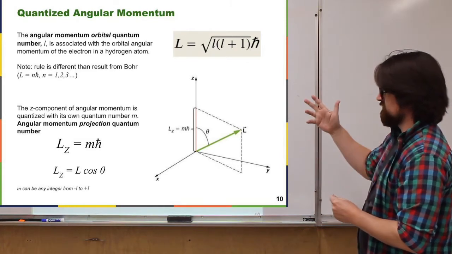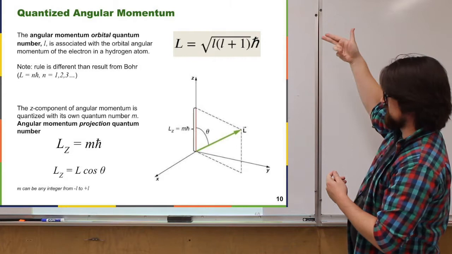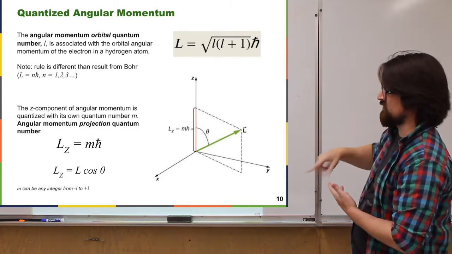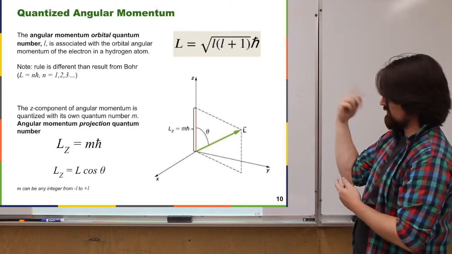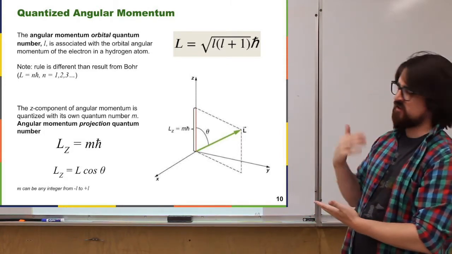Just looking at this picture, you can see that the projection of angular momentum along the z-axis is just the magnitude of the total angular momentum multiplied by cosine of theta, the angle from the z-axis. And remember, m can take on any integer from minus l to plus l.